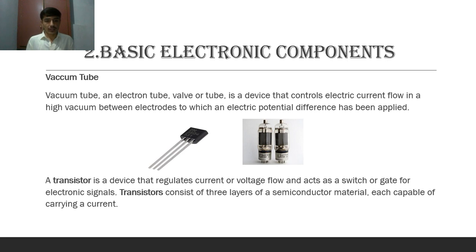A transistor is a device that regulates current or voltage flow and acts as a switch or gate for electronic signals. Transistors consist of three layers of a semiconductor material, each capable of carrying a current.